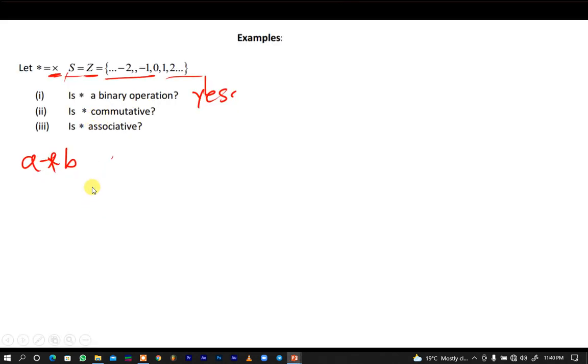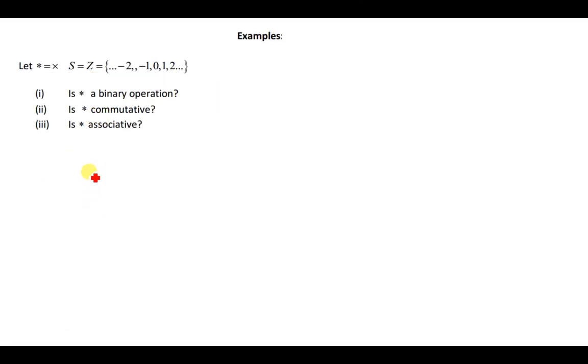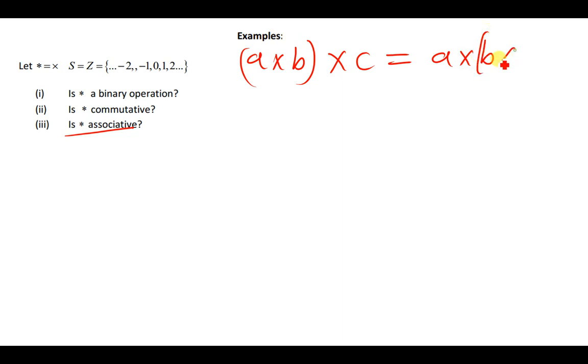So from there, let us also look at the last part here. Is star associative? Let's check if it's associative. So you take three numbers. We can take any three numbers from the set of integers. In short, when testing for associative, we're trying to test that (a times b) times c is equal to a times (b times c).